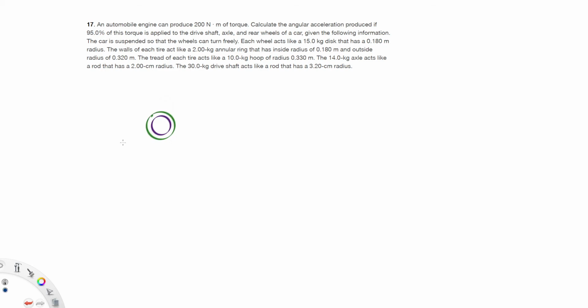And then outside the walls of the tire, we have a relatively thin layer of tread. Each of these has different densities and different distribution of masses, so we'd like to deal with each part of the tire individually.